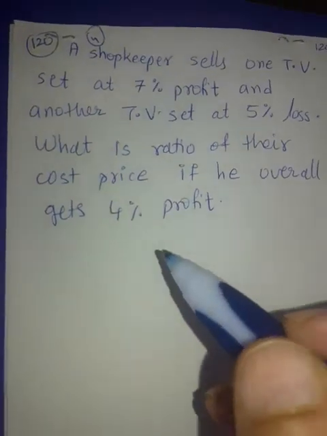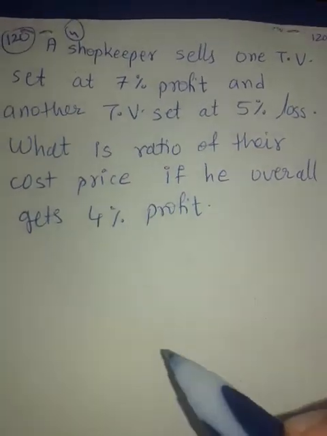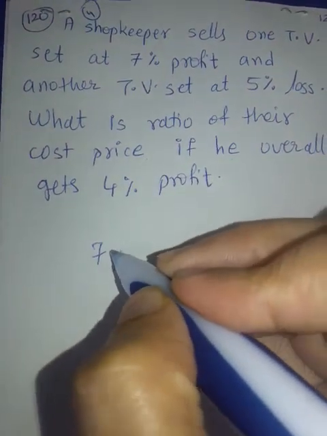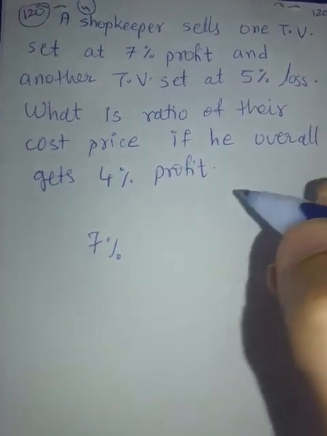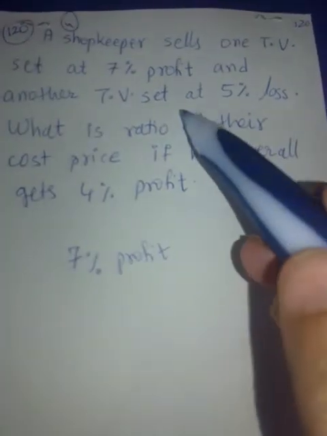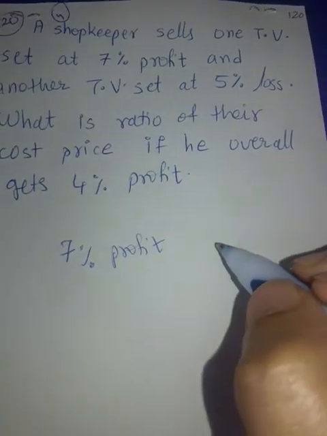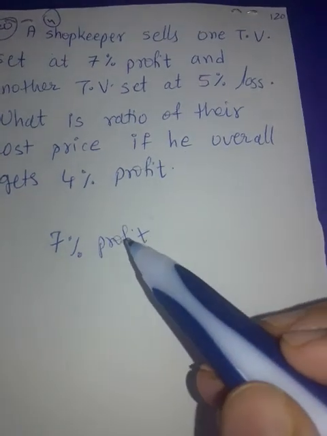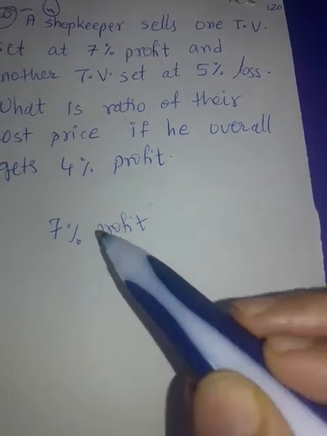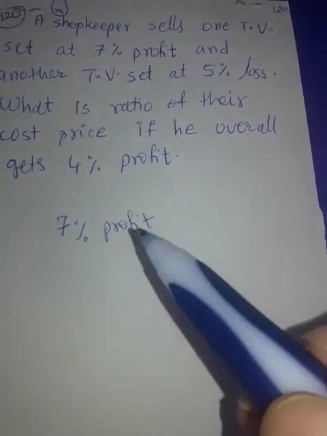Now let's put this information in our alligation rule. 7% profit, 5% loss. Now as I said, all three quantities, these two quantities and the mean, all should have same unit, isn't it?